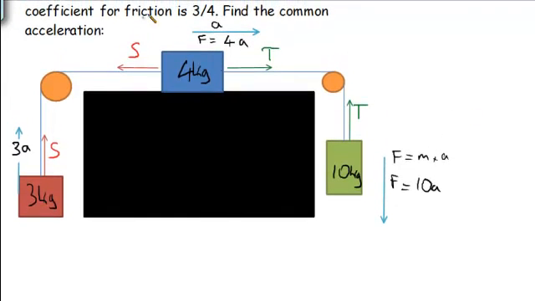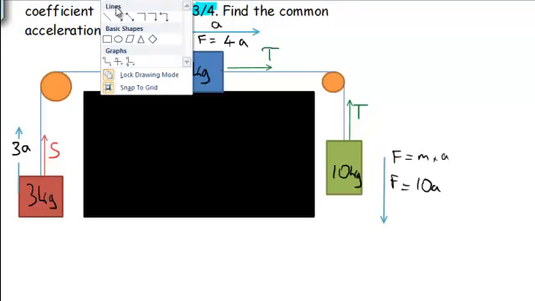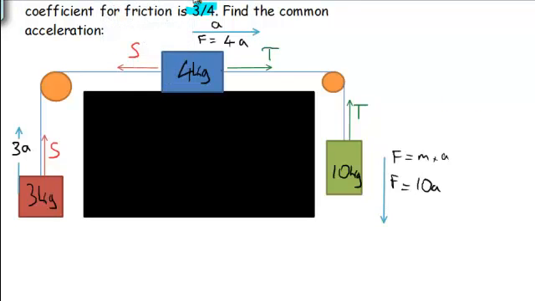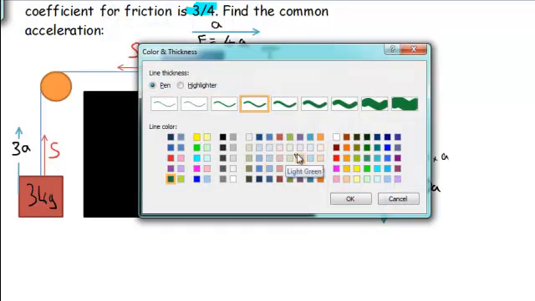The first one here we can put in, because this is on the block and we're dealing with friction, we know that the friction coefficient is 3/4. We need to know the reaction force on the block from the table. So I'll start putting in a vector. We'll put in a few of the vectors for that, and I'll use orange for this.